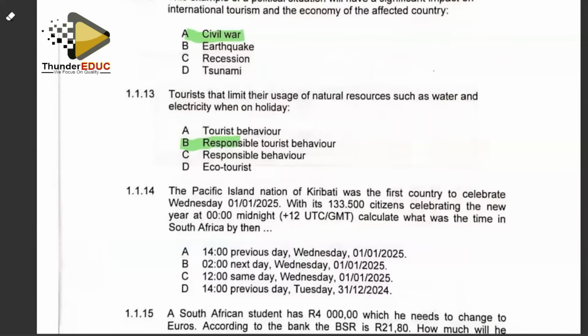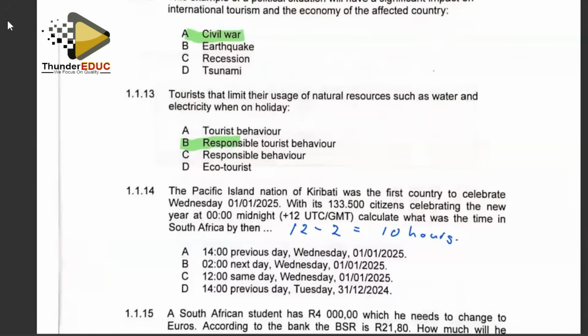So the time difference in this case would be 12 minus 2, it gives us 10 hours.